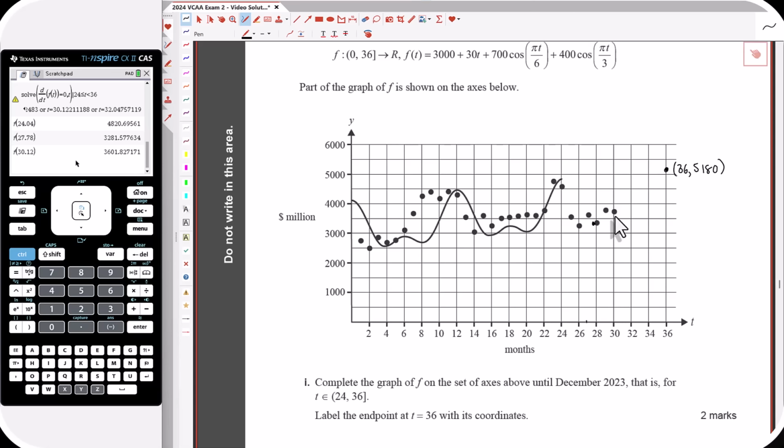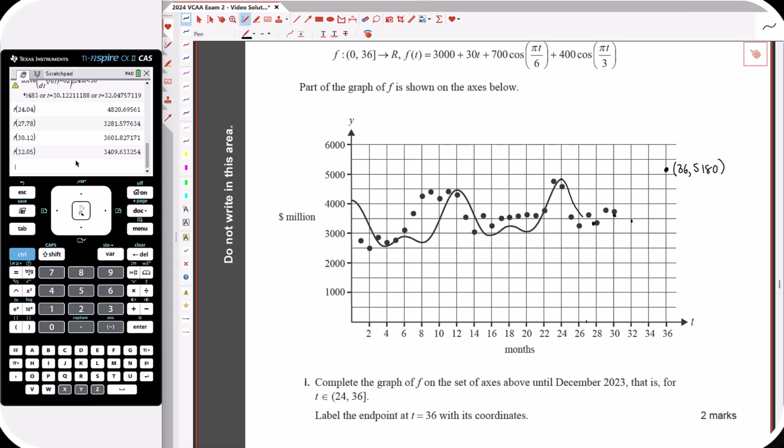So maybe about here. And then f of, this is quite fiddly really. I love this as a question, it's a bit general maths. 3,409, so about 32, 3,400. So back under here, but not as low as that other stationary point.